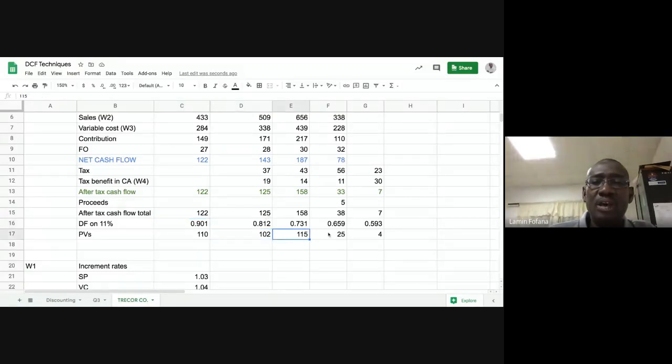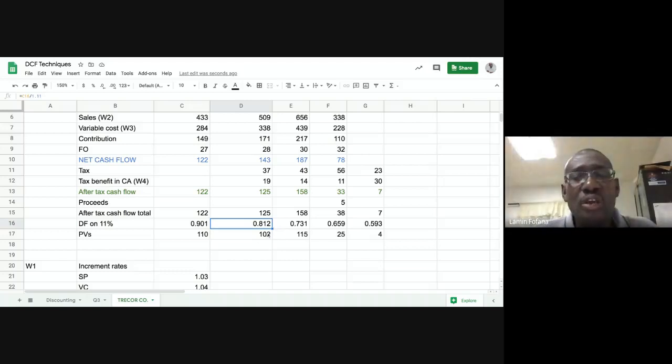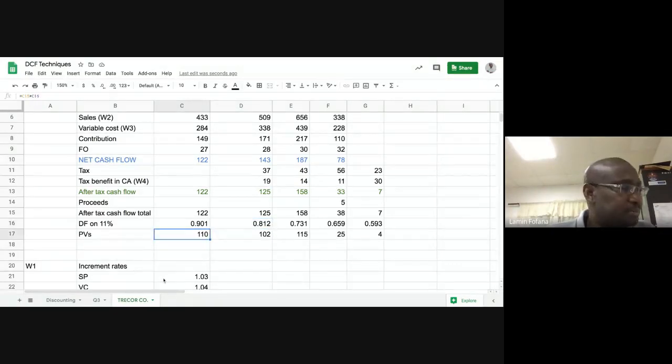Otherwise, if you use the answer on this without going back, you will get a different number. You'll not be wrong, but it will be better to do it that way.